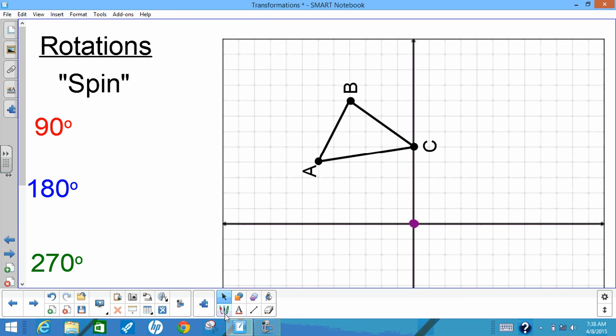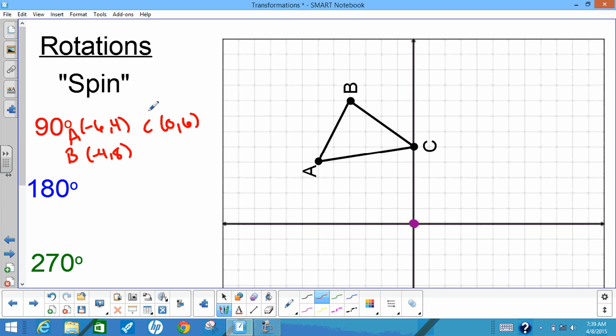Now we're going to write these coordinates for A, B, and C as if we're looking at a regular coordinate plane. So A is -6, 4. B is -4, 8. And C is 0, 6. These are actually the coordinates for A prime, B prime, and C prime.